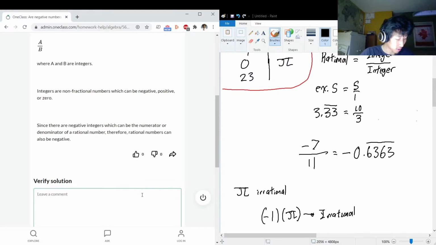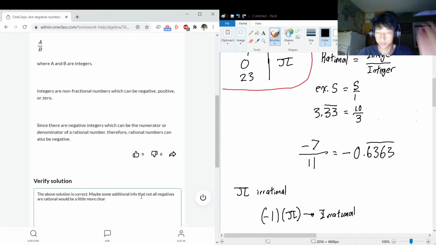Okay, I'm just going to write that in as a comment: the above solution is correct, maybe some info that negatives can be rational would be a little more clear.